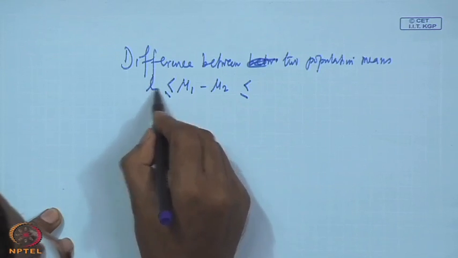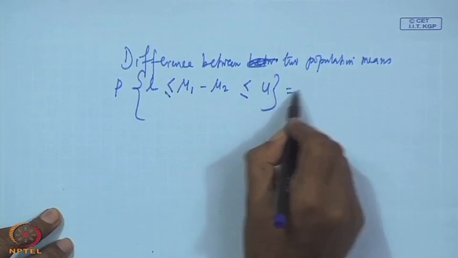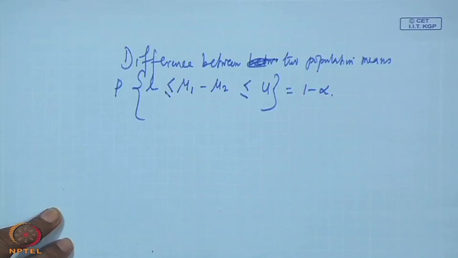What will be the L and U values for which the probability that the interval contains mu 1 minus mu 2 is 1 minus alpha? Getting me? So, that is the issue.